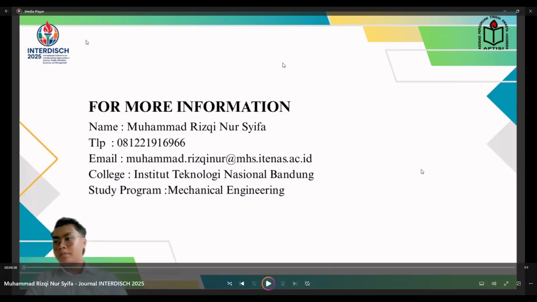And three, the shaft vibration must be monitored comprehensively. And four, do visual inspection and use penetrant testing before using the shaft. Okay, thank you. This is my answer.